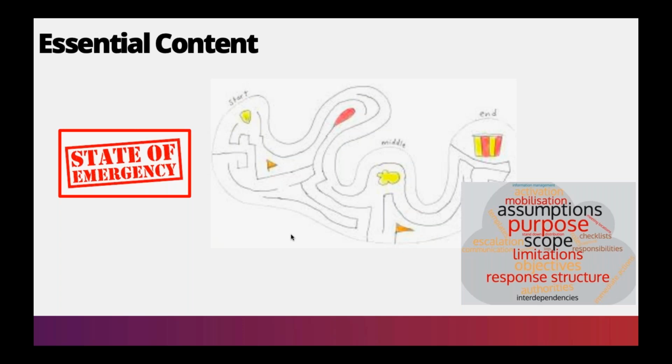You have to account for panic, account for the adrenaline rush that comes with a call out, account for being woken up in the middle of the night if that's the way that your incidents could happen and your teams would be mobilized. Make sure that your plans are accessible for those types of conditions.